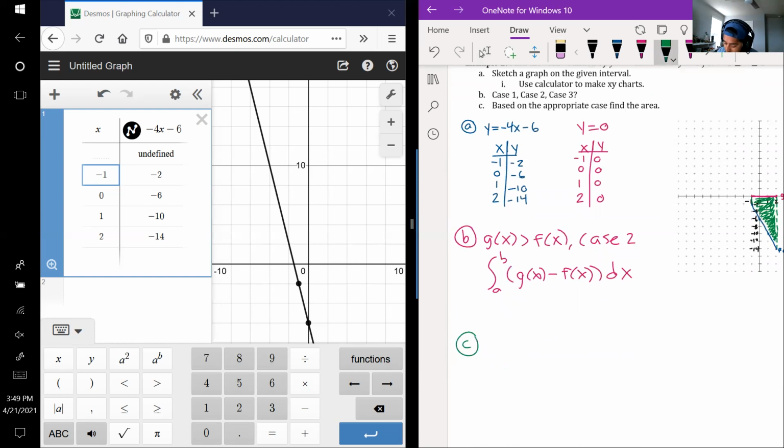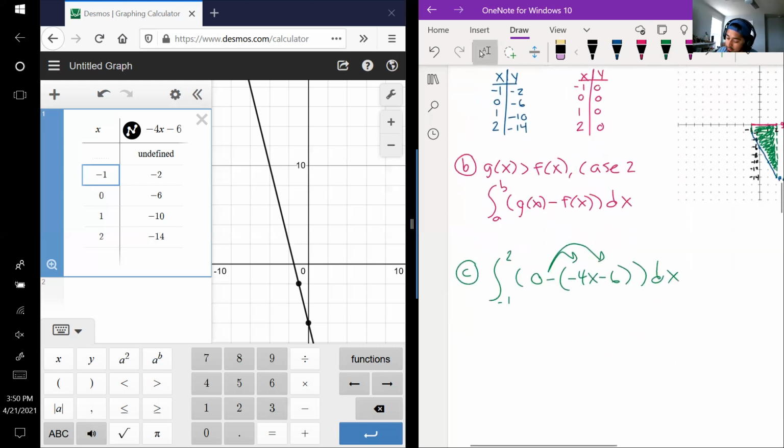C. We have the integral from -1 to 2 of g of x, which is 0, minus f of x. Make sure to put it in parentheses, which is -4x minus 6 with respect to x. The reason we put this in parentheses is so this negative can distribute.